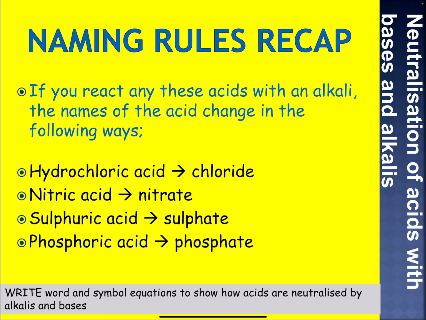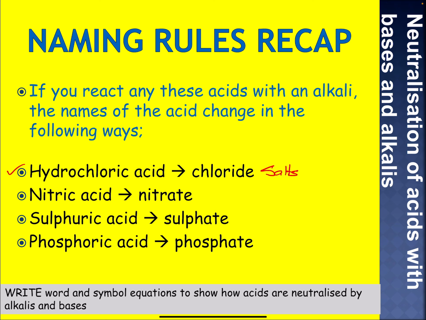Now, I did mention earlier on, the name of the salt depends on the acid or the alkali used. This you must need to know. If you react any of these acids with an alkali, the name of the salt changes in the following ways. If you have hydrochloric acid, then you will get chloride salts.